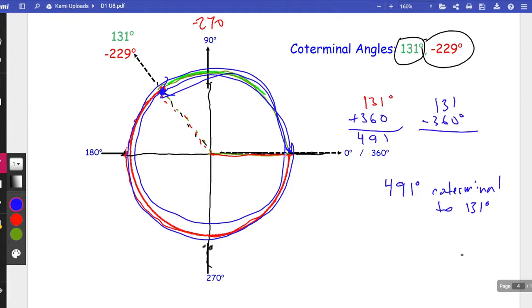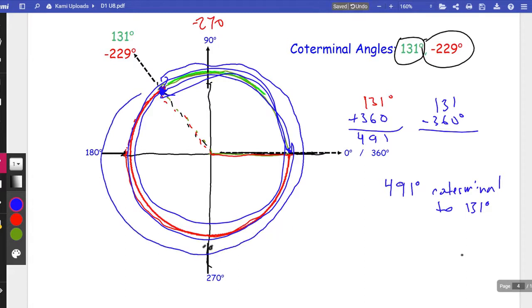Similarly, if I had 131 and I subtracted 360, what that's actually asking me to do is, if I were at 131 degrees and I subtracted 360, it'd be like going a full circle backwards. I would go this way. Okay, this is going far, and then we're right there. Now we've gone a negative 360 degrees. Where are we? So we were at 131. We went 131 backwards, and then you'd have to go negative 229 more.